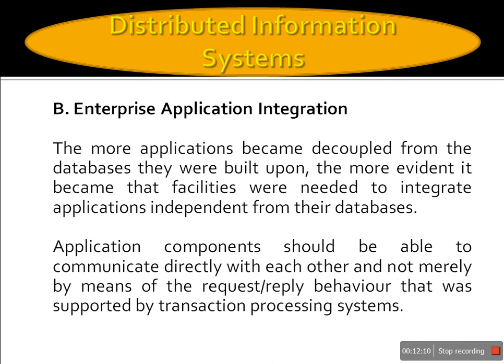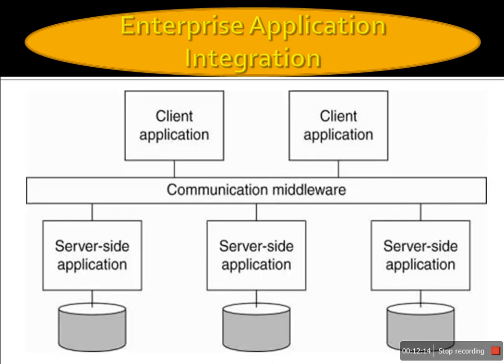Okay, this is the diagram of enterprise application integration. In this diagram, you can see this is communication middleware, and these two are client applications. Now these are server side applications which have their databases separately.